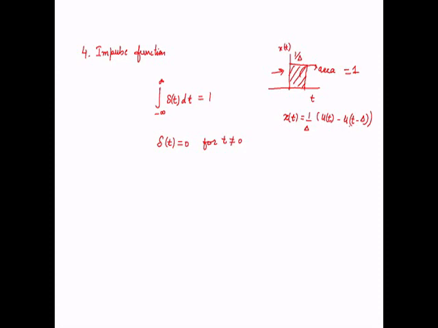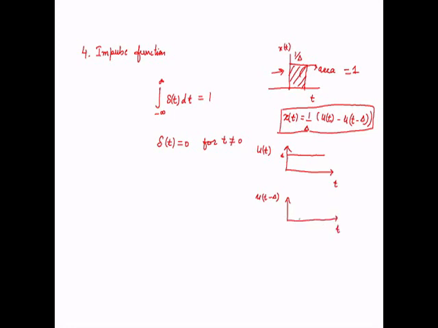Now the graphical representation of this mathematical representation is, we can write that u(t) can be represented in this way. Say this is 1, and u(t minus delta) here is represented by this graph.